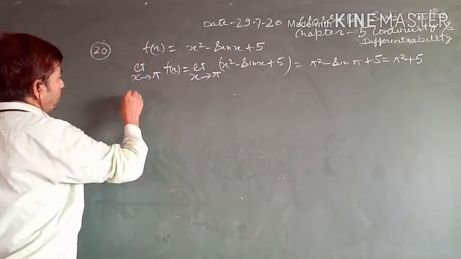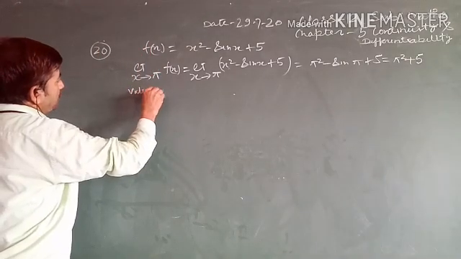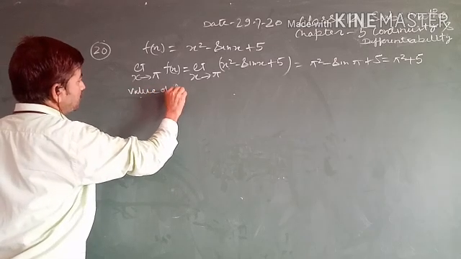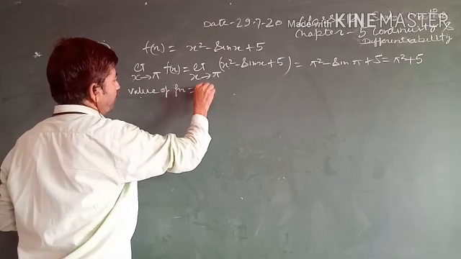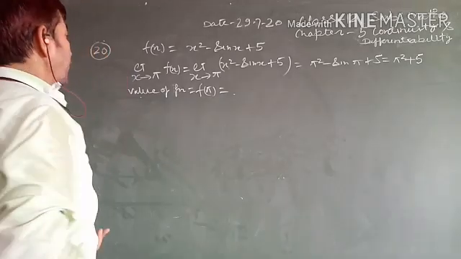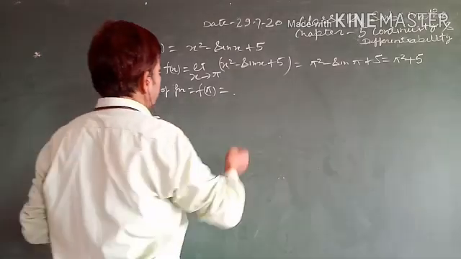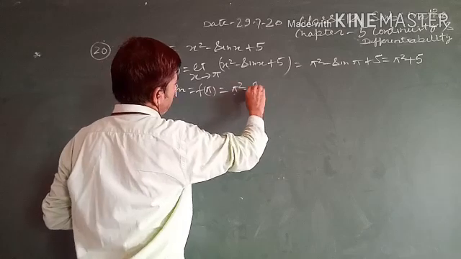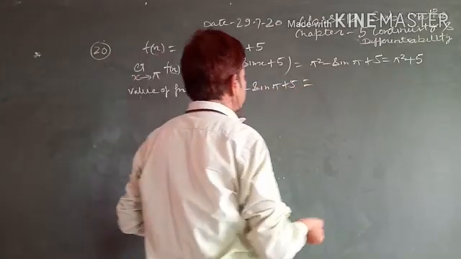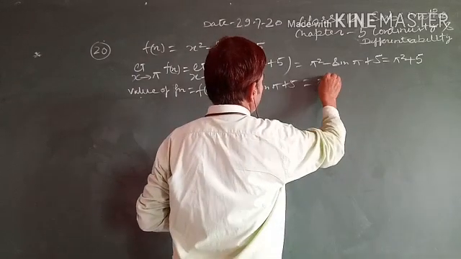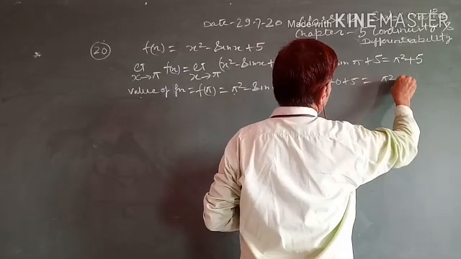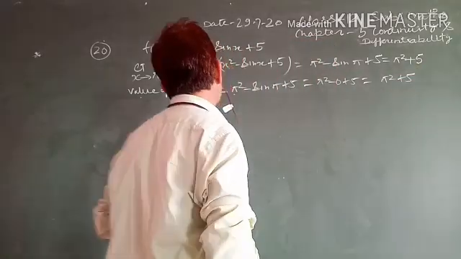Now, value of function is equal to f pi. Put x equal to pi in the given function, it will be pi square minus sin pi plus 5. It is equal to pi square minus 0 plus 5. It is equal to pi square plus 5.